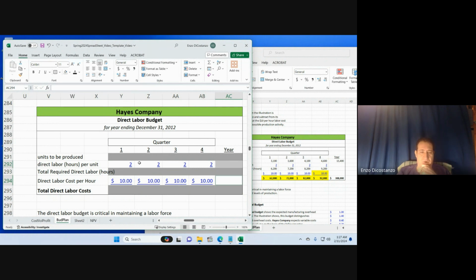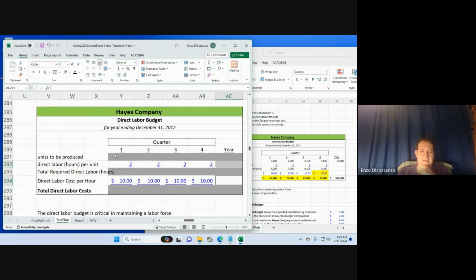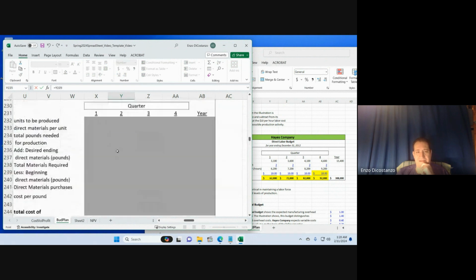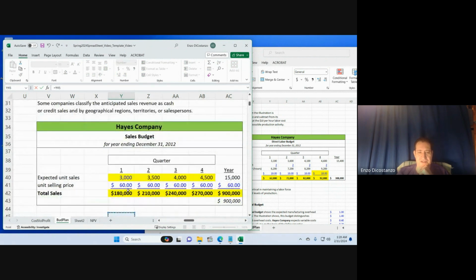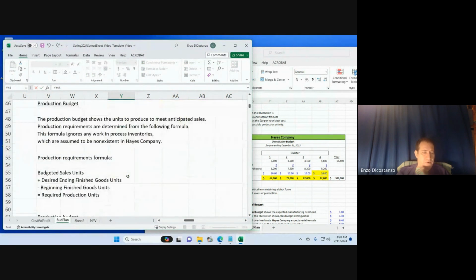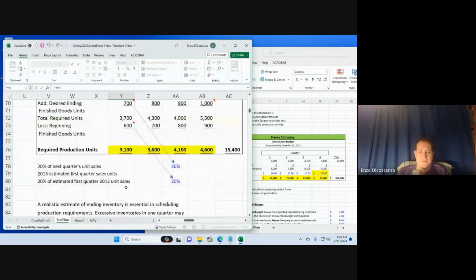And we'll get to total required labor hours. It says units to be produced. So again, you're referencing your production budget. It's 3,100, not what you're selling, what you're producing.